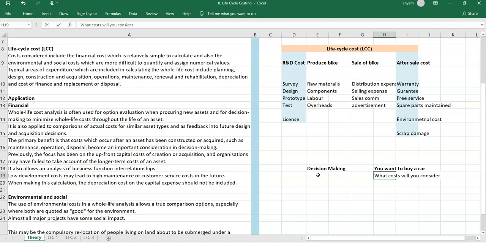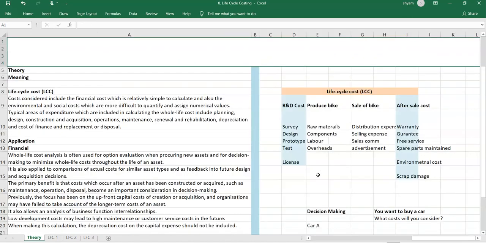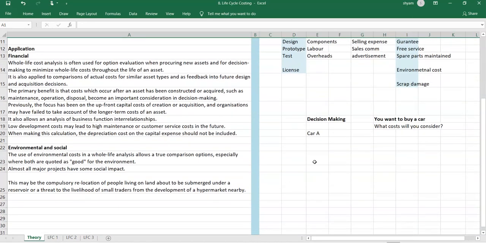Assume that you have two options: car model A and another car, car B. Normally, when you ask people, they will say that they will consider the purchase cost.